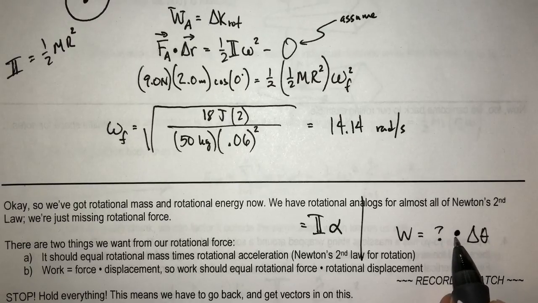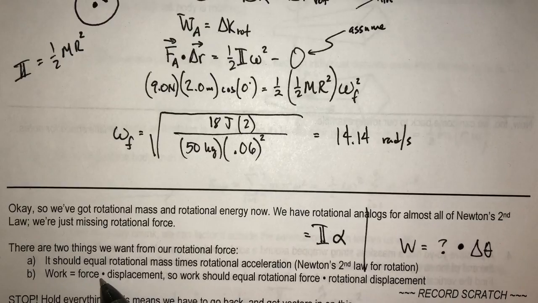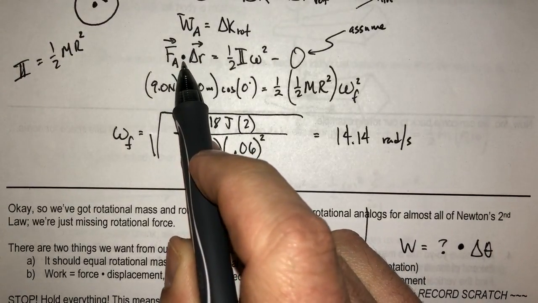Oh, this is a dot product. It's a vector thing. In order for this analogy to work, force and displacement were vectors that we could take the dot product with.